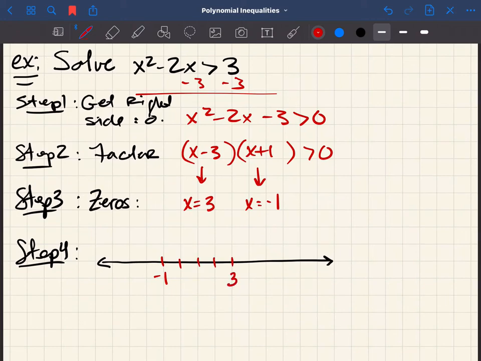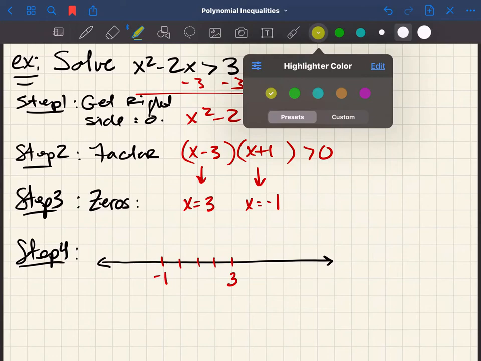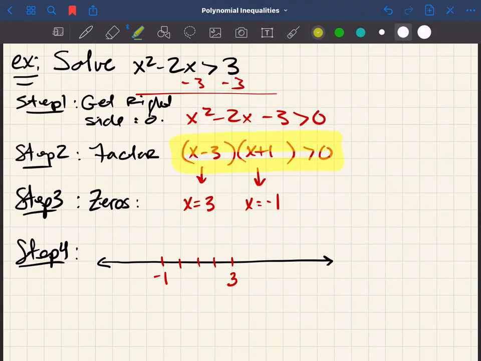And because we have this inequality here is greater than 0, we're going to have to put open circles at our zeros. And why don't we go ahead and just separate our domain here into 3 sections, A, B, and C, because our solutions are going to reside in one or more of these different regions.